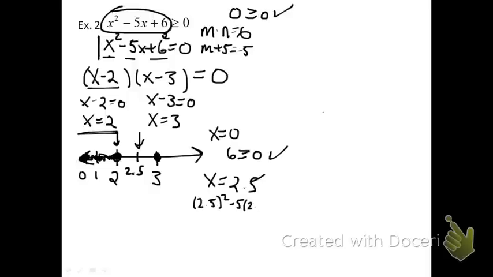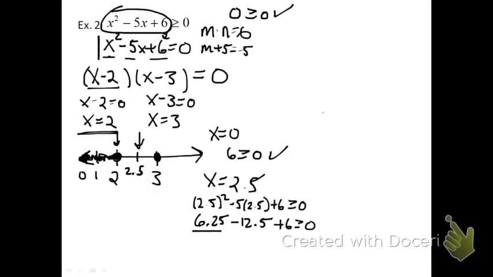If I substitute 2.5 into the original, we're going to have to do 2.5 squared minus 5 times 2.5, add 6 to it, and see if we get something bigger than or equal to 0. If you square 2.5, I think you get 6.25. 5 times 2.5, I think, is 12.5. So I'm going to get minus 12.5. And then we have to add 6, and it should be bigger than or equal to 0.